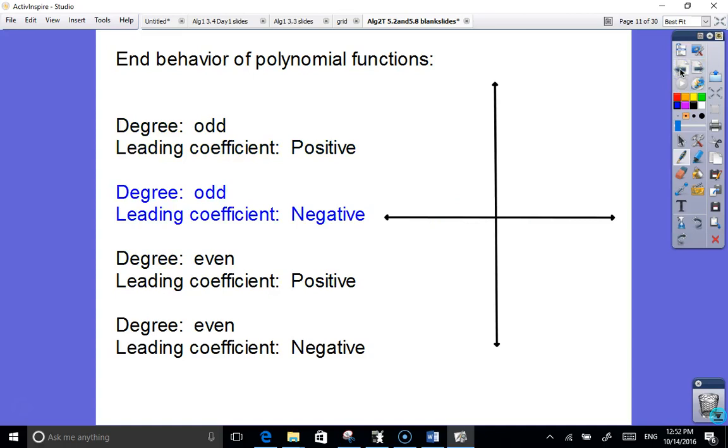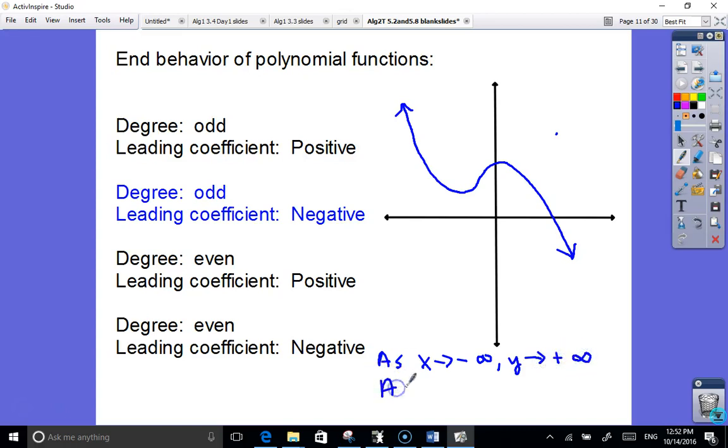Okay, if the degree is odd and the leading coefficient is negative, like the line with a negative slope, right? Then it's reversed. So we would say the end behavior as x approaches negative infinity, y approaches positive infinity.